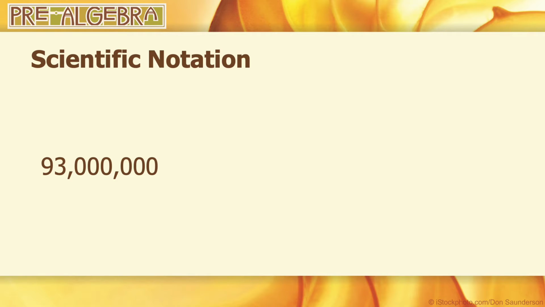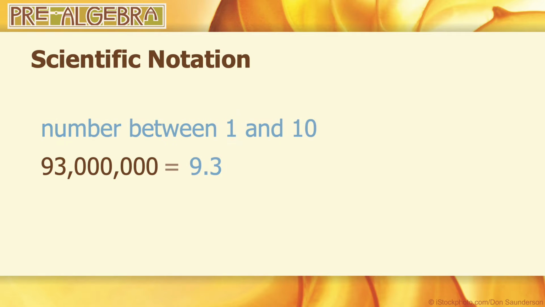Okay, so our first rule was that it had to be a number between 1 and 10. So 9 is a number between 1 and 10. So we would put a decimal point right here, and that's going to give us this 9.3. But I need to know which power of 10 I am using. So I know you guys are familiar with moving decimal points around.